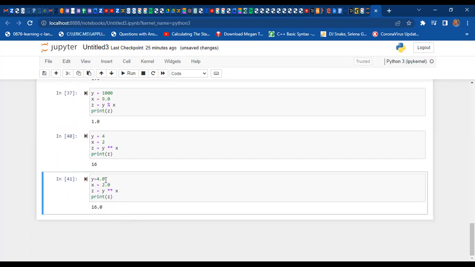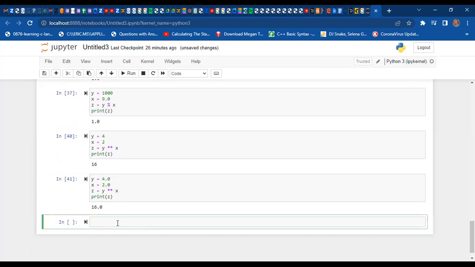As you can see, spaces don't affect anything. Here there is no space. Here there is space. But it has still given me the answer 16.0. So spaces just make your work look more neat and clean.